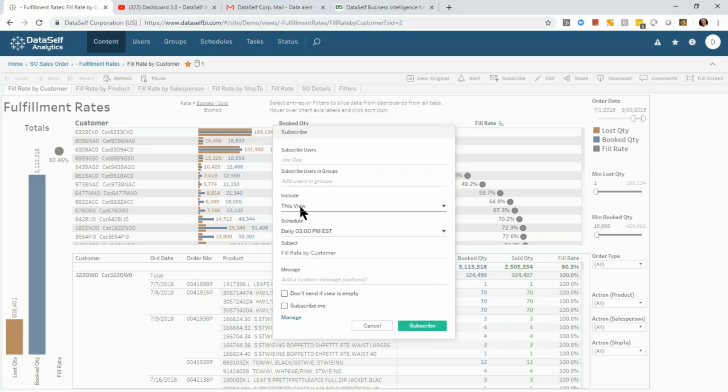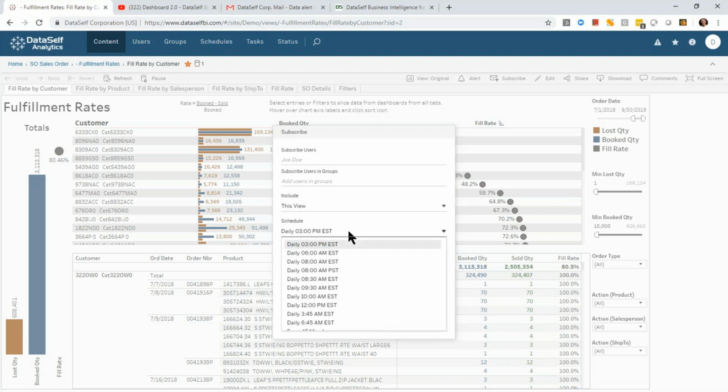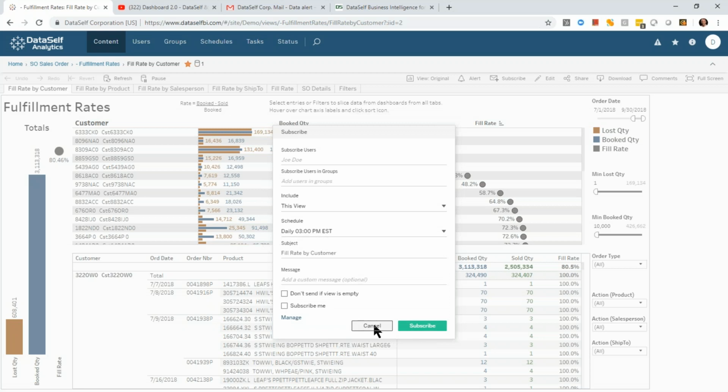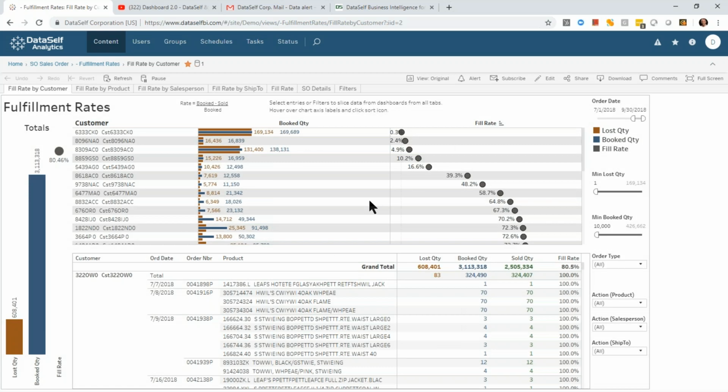And then I can tell if I want to only see this tab or all of the tabs, I want to tell how frequently I want to send this dashboard out. And once I press subscribe, guess what? This dashboard will be refreshed on that schedule and automatically emailed to all the recipients so they don't have to go to the dashboard. The dashboard comes to them on a scheduled basis.